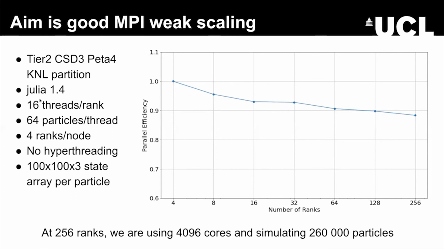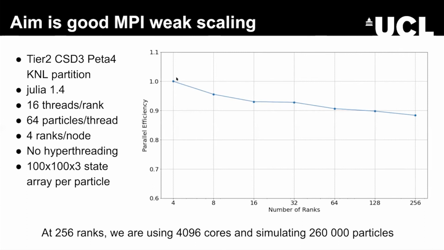So we were running 16 threads on each MPI rank and 64 particles on each thread and 4 ranks on each node. If you do the math in your head, you get some numbers here at the bottom. At the right hand side of this plot, we're running over 250,000 particles in parallel.